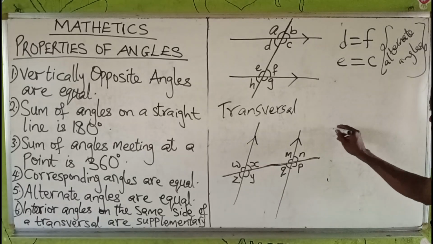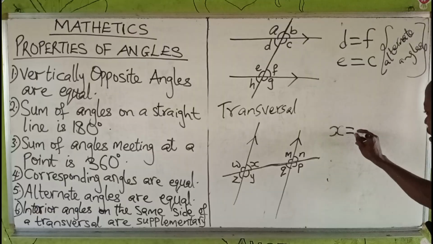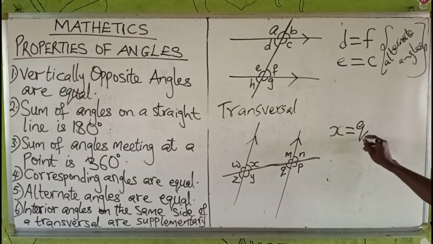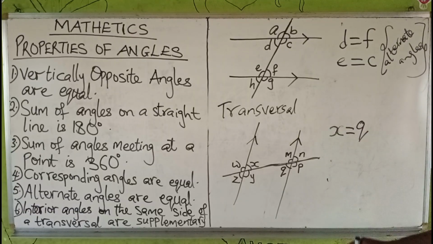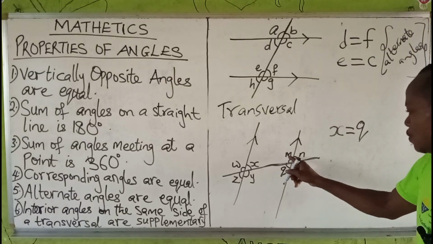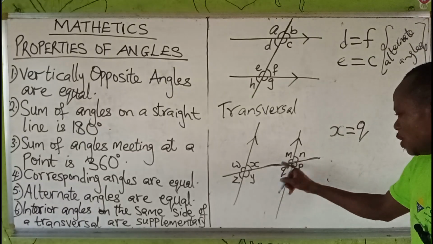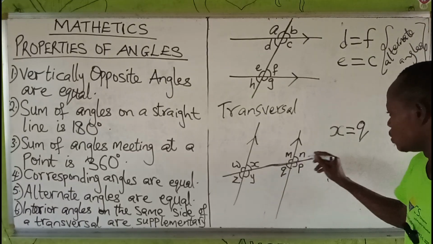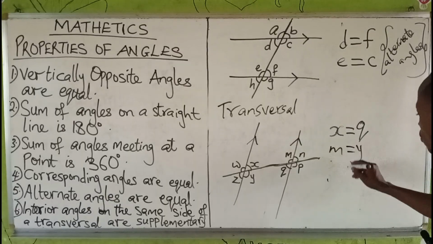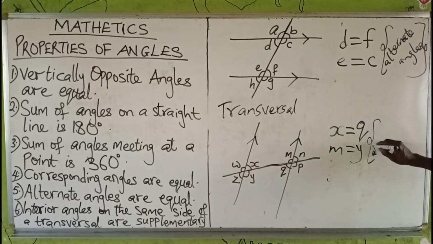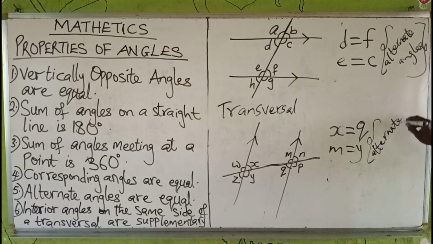So that means angle X is alternate to angle Q. Therefore, they are equal. The same thing here, angle M and Y. Let me say up, down, up, down. So M is equal to angle Y. And the reason in each of these two cases is that they are alternate angles. So therefore, they are equal. So alternate angles are equal. Corresponding angles are also equal.